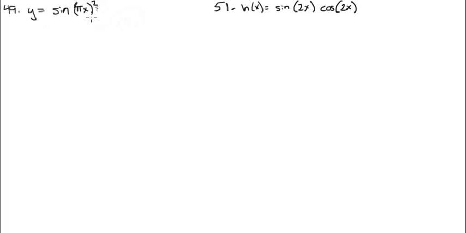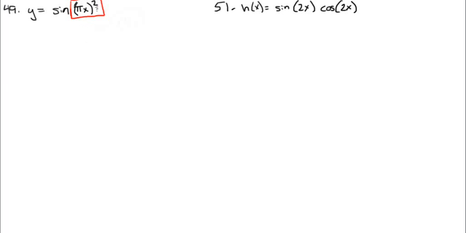So, we know what the derivative of sine of something is, right? So, let's treat this whole thing on the inside as an inner function, right? And we just take the derivative with respect to this whole thing in the middle as a function, right?